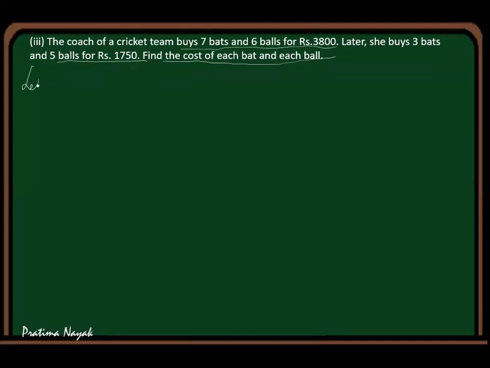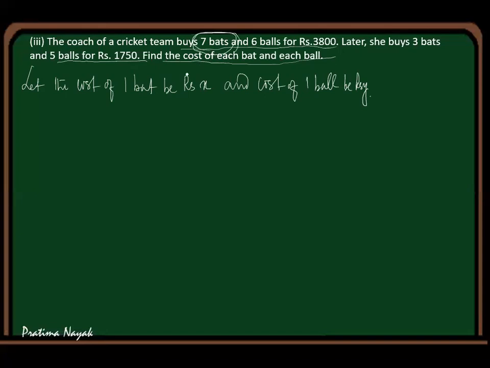So let the cost of one bat be rupees x and cost of one ball be rupees y. Then if cost of one bat is rupees x, he is buying 7 bats, it will be certainly 7 into x.